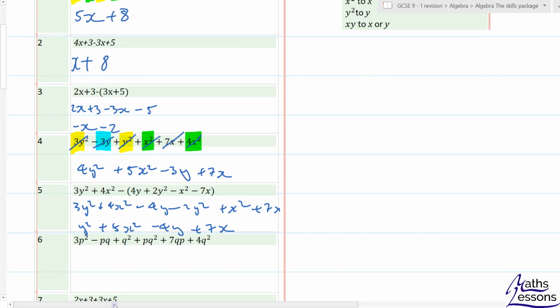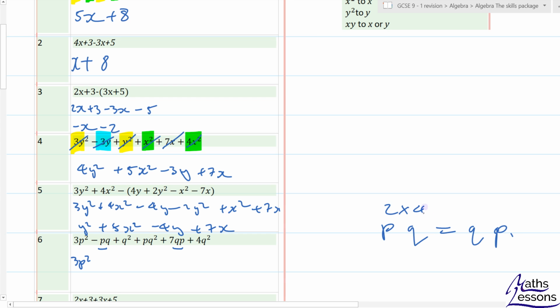Okay, then it repeats some more, the same level of difficulty again for you to practice if you think you need it. So we've got a 3p squared. There's no other p squared, so just write down 3p squared. And we've got a minus pq and a plus 7qp. Now they're actually the same, because you realise pq is the same as qp, the order doesn't matter.